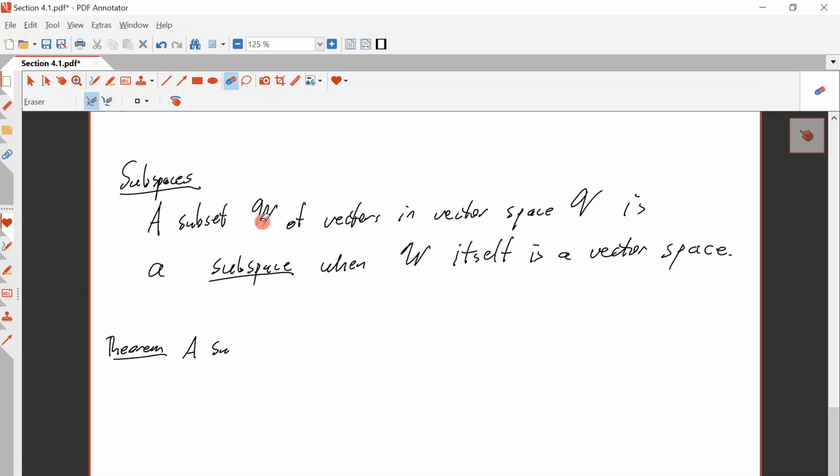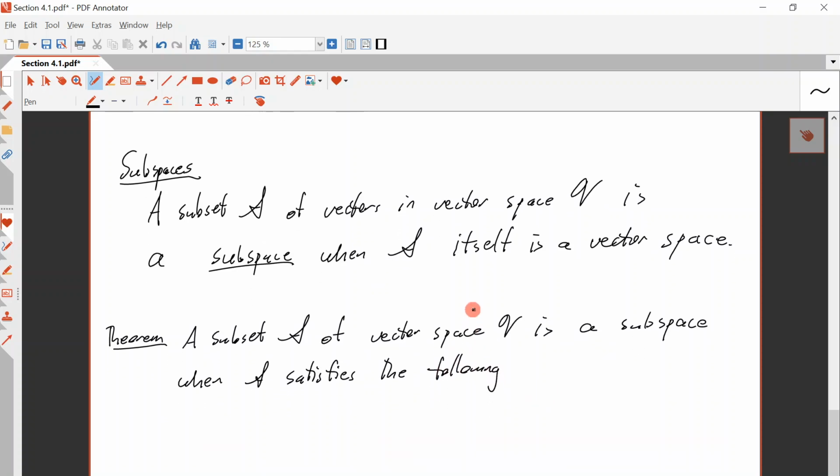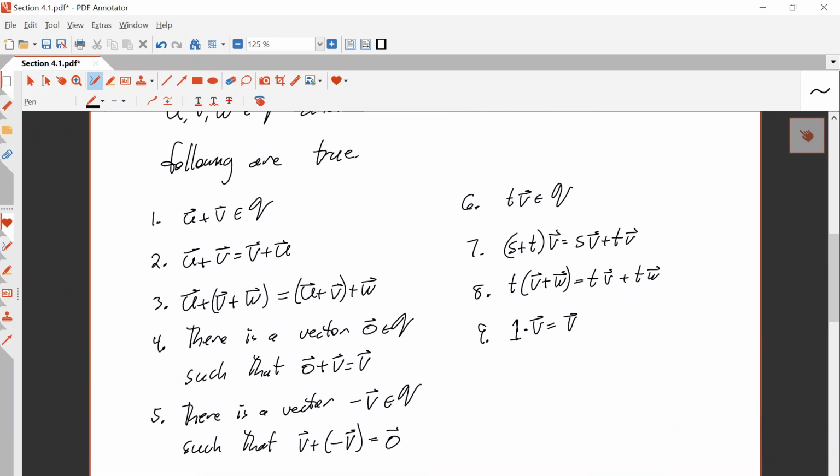So a subset, actually let me call it S, of vector space V is a subspace when S satisfies the following. Not all the axioms for vector spaces.